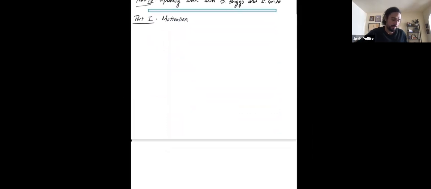Okay, so let's start with the motivation. All right, so throughout, let's fix a commutative Noetherian ring R. And I'll assume it's local.